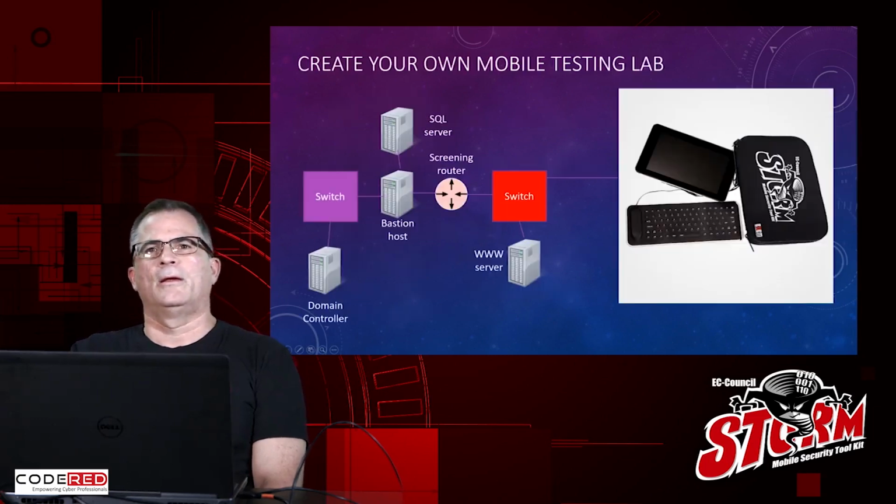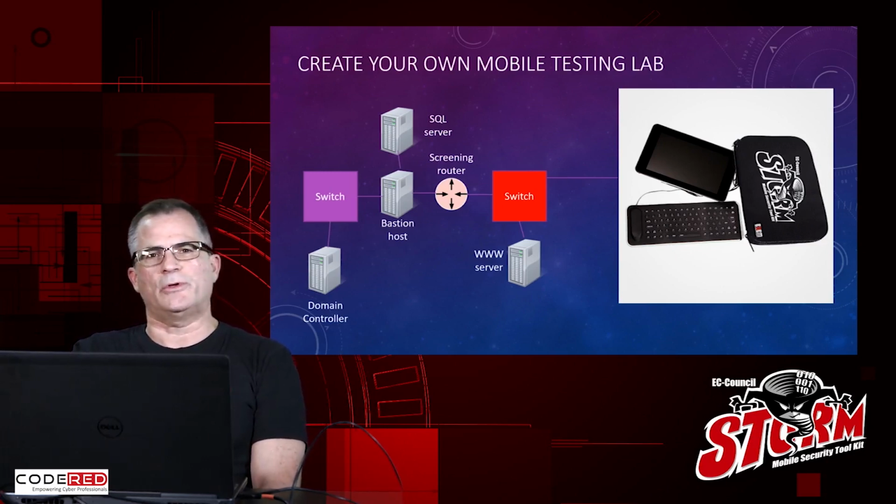Now we're going to look at how to create your own mobile testing lab. When you look at this image, you see we have the Storm device, a switch, a Bastion host, a router, and all these different components. We connect the Storm into an Ethernet port of that switch, and now the Storm device is part of this enterprise architecture.